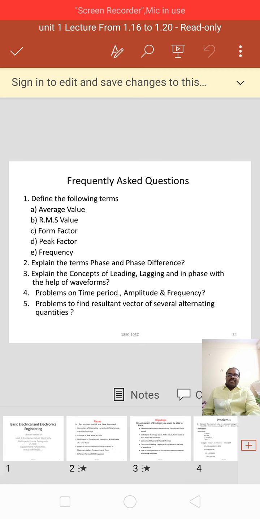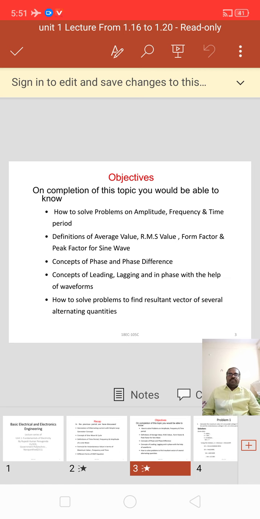In this class we have learned how to solve problems on amplitude, time period, as well as frequency. Generally, an alternating quantity can be generated as i equal to Im sin omega t, or v equal to Vm sin omega t.